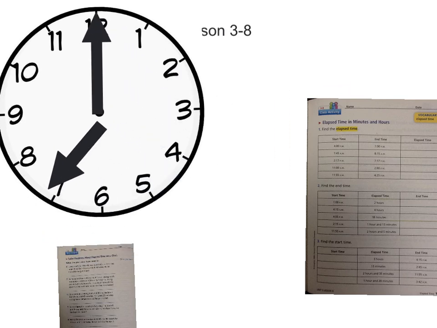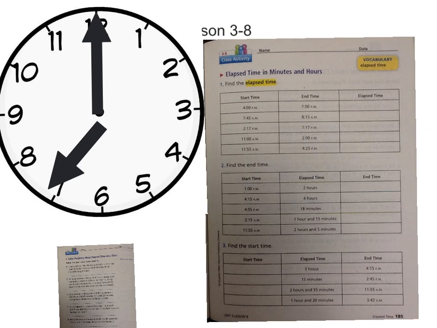But the elapsed time would be 3 hours. That's the elapsed time. And another way you could do it is you could just take the later time, because they're both in PM. If it's AM on one and PM on the other, yeah, you might have to do a little bit of a different kind of work here. But because they're both PM, you could start with the bigger time and then subtract the smaller time. It gives you 3 hours here.